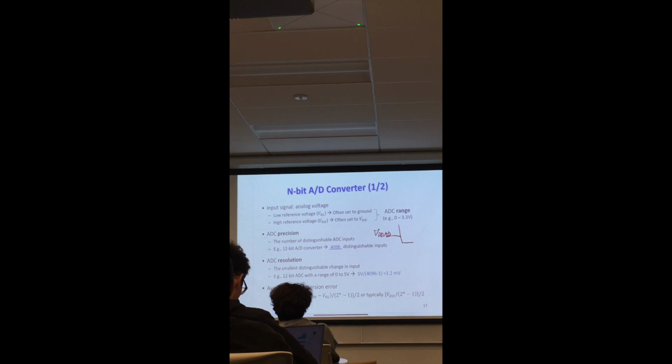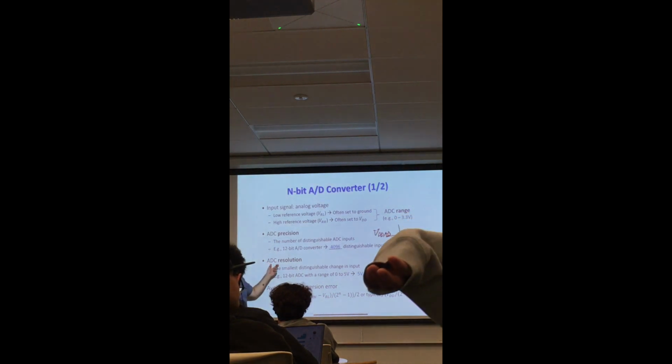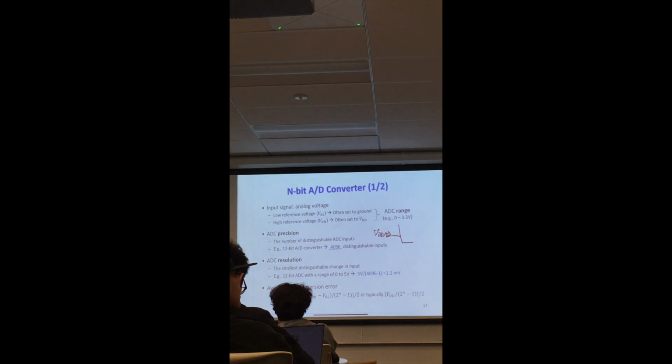This will tell you how many levels there are. Resolution is different. It is the shortest range of voltages that you will resolve. So can you resolve 0, 1, 2, 3, 4, 5 volts, for example, or will you be able to resolve 0.1 volt, 0.2 volt, 0.3 volts, 0.4 volts? So this will tell you the precision of detection, right?